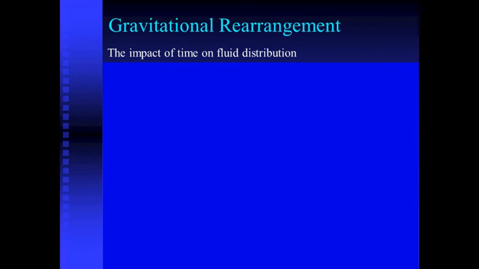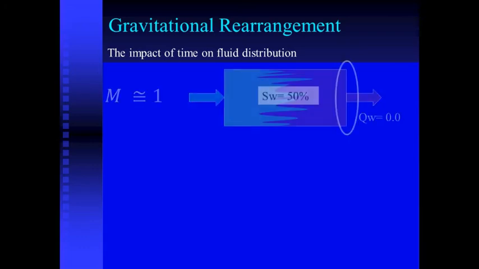Finally, we will see what happens when gravitational forces dominate the displacement and rearrangement of fluids. This is an image previously seen and corresponds to a viscous displacement with mobility ratio close to 1.